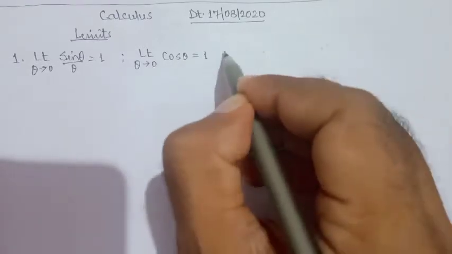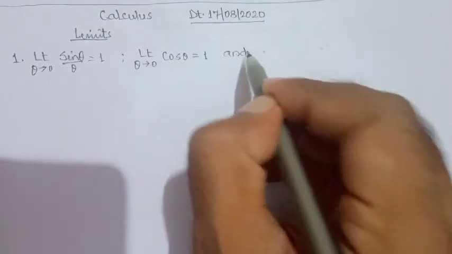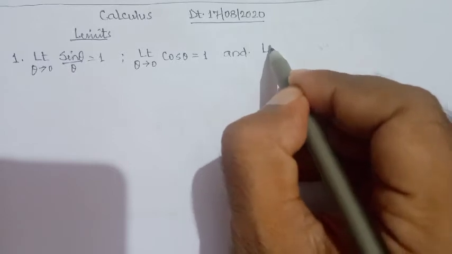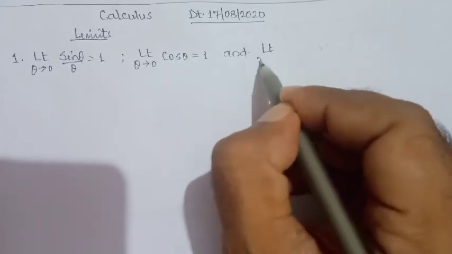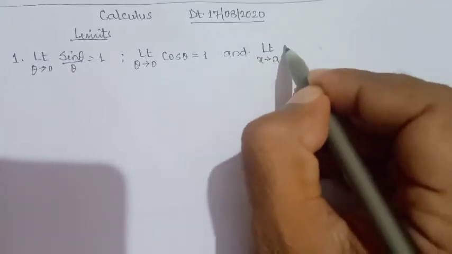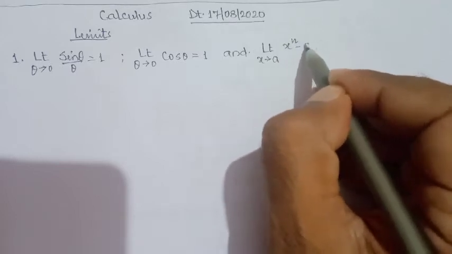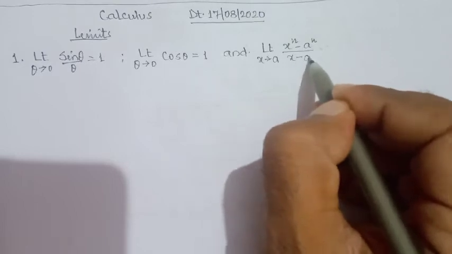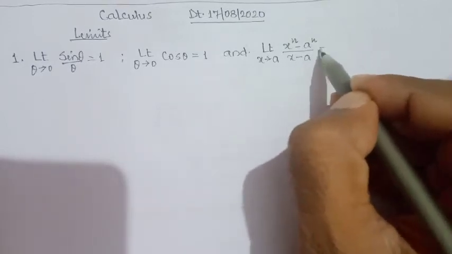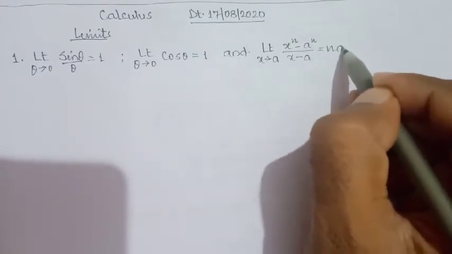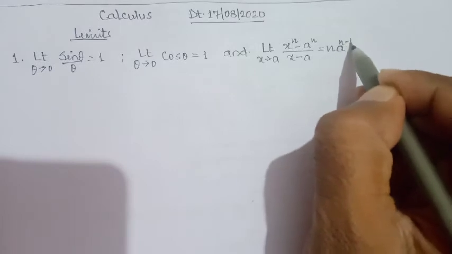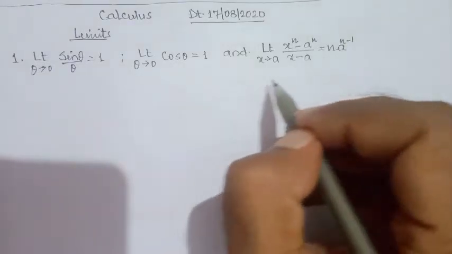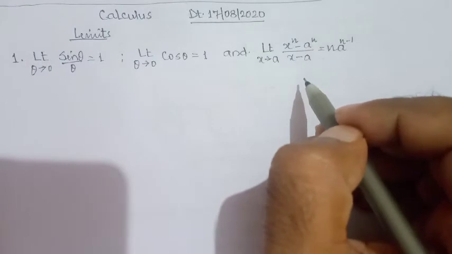And finally, the last one was limit x tending to a, x to the power n minus a to the power n upon x minus a will be n into a to the power n minus 1. This was the formula we derived in the last class.